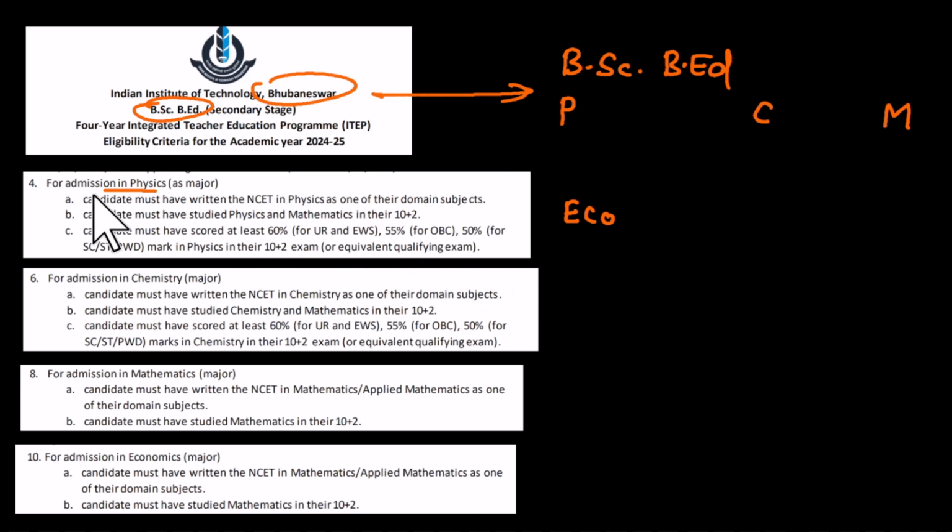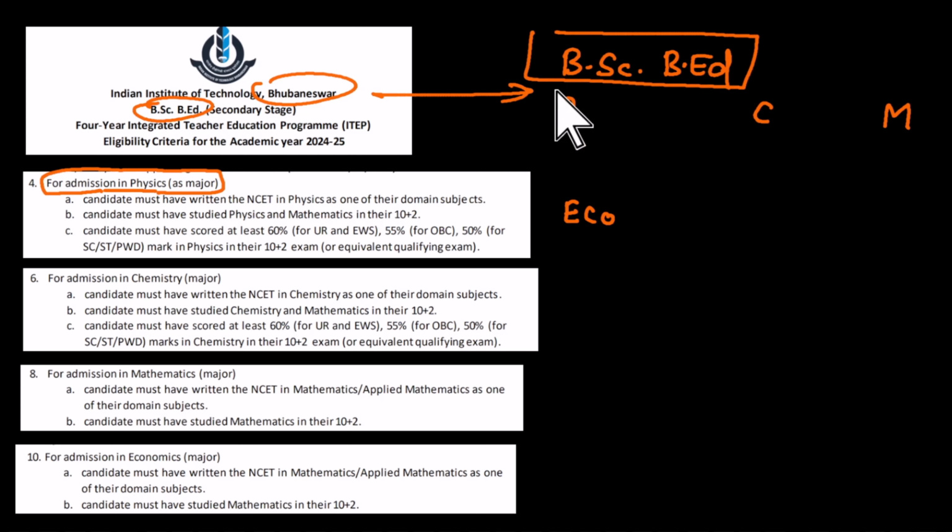So see here they are mentioning if you want to get admission into physics as the major, that means if you want to do BSc B.Ed and take physics as your main subject, your major subject, then these are the rules. Candidate must have written the NCET in physics. Okay, that means if you want to go into physics, here the rules are slightly different.